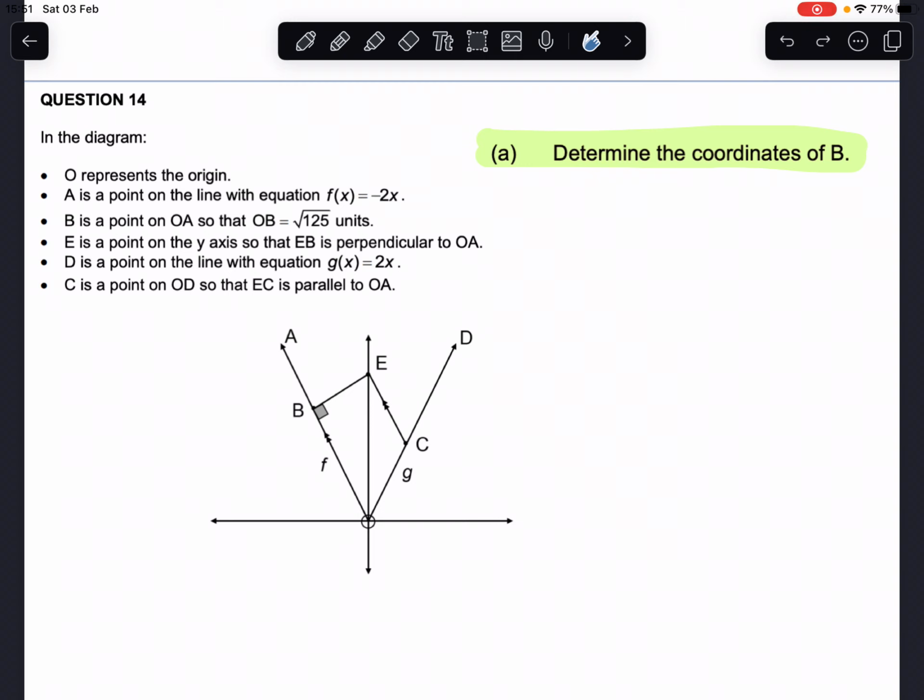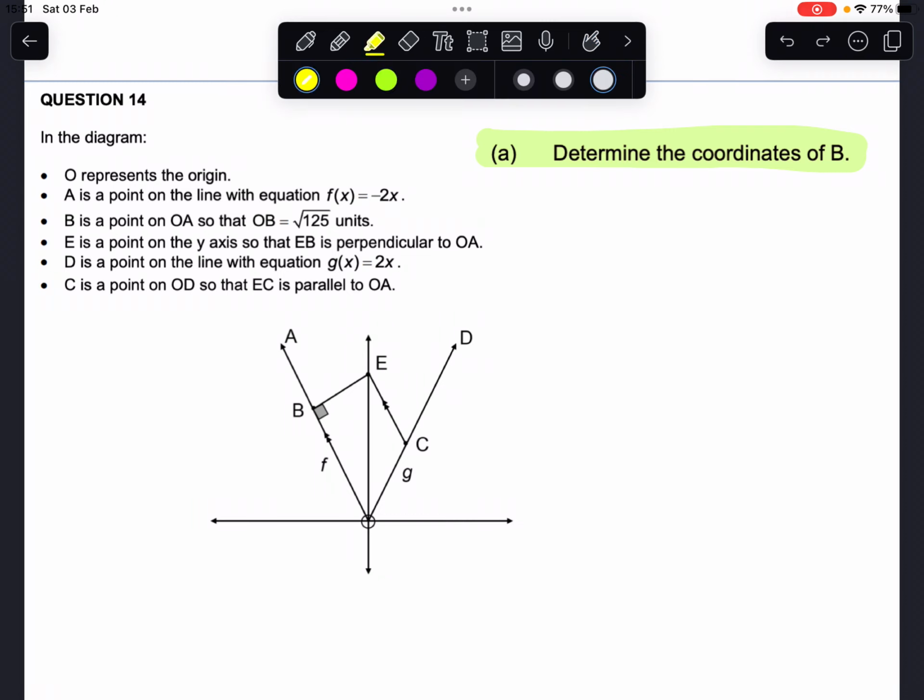O represents the origin. A is a point on the line with equation f of x is equal to negative 2x. Okay, so let's just highlight that for ourselves. I'm jumping the gun a bit by assuming that O to A is a straight line, but we will correct ourselves if the information says otherwise, or if the information doesn't supplement that idea.